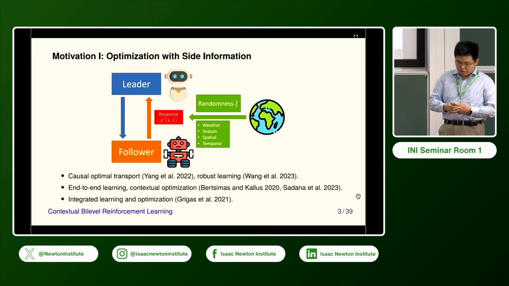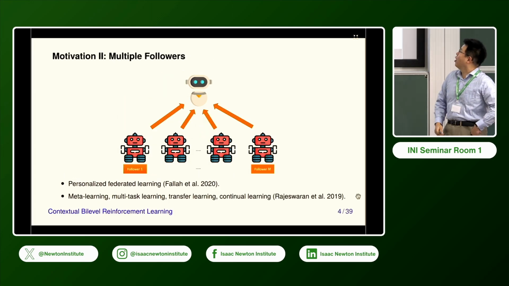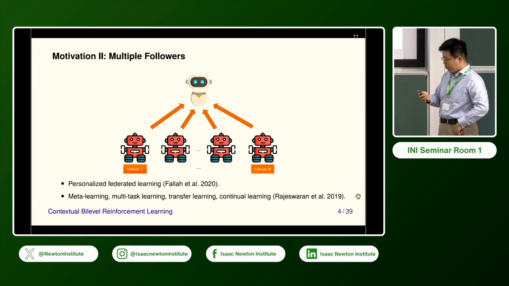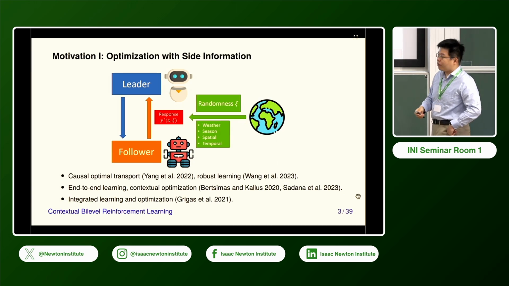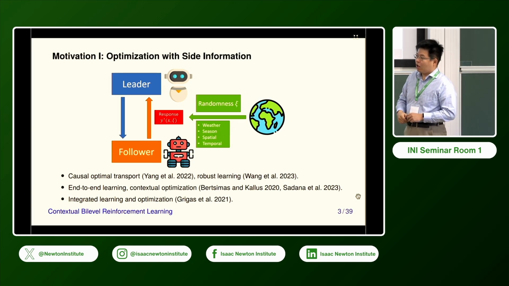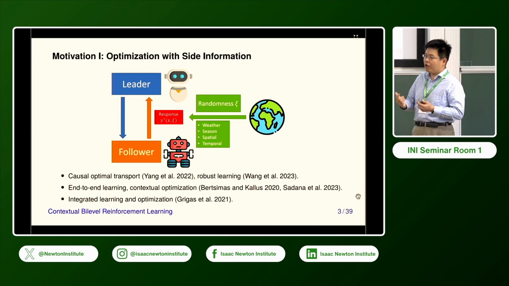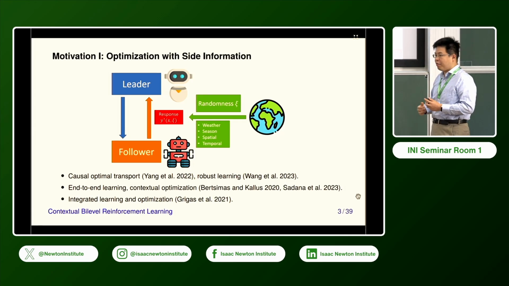So all this type of problem can be formulated this way. The downstream decision-making task is usually the follower, and then the leader is usually about estimation, yes.